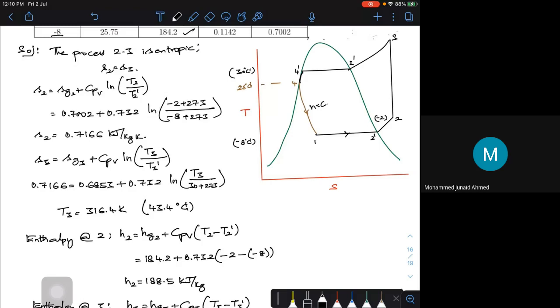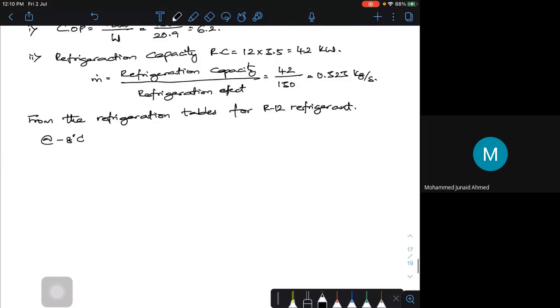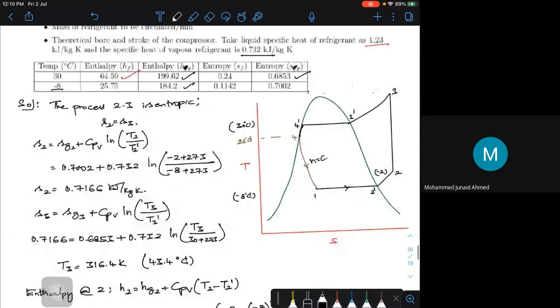At minus 8 degrees Celsius, V2 dash is equal to its corresponding dry condition, which is equal to 0.07 meter cube per kg. Between 2 and 2 dash, it's a constant pressure.